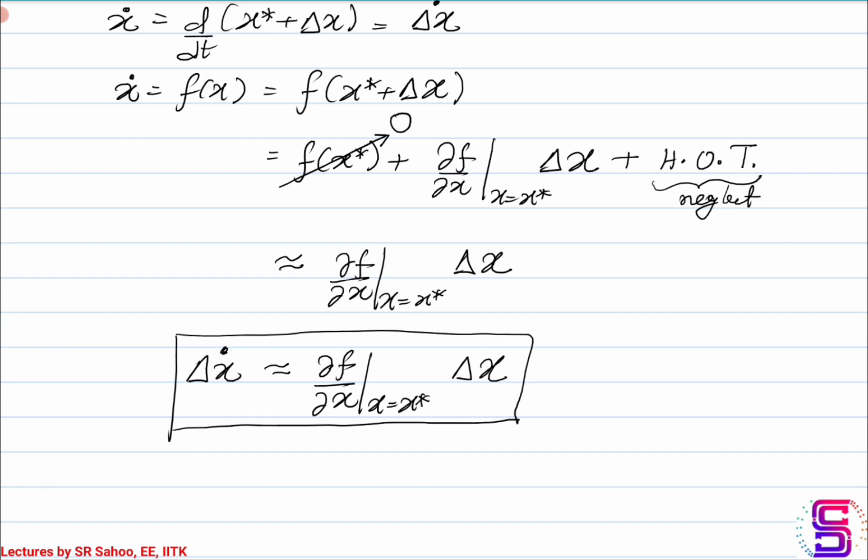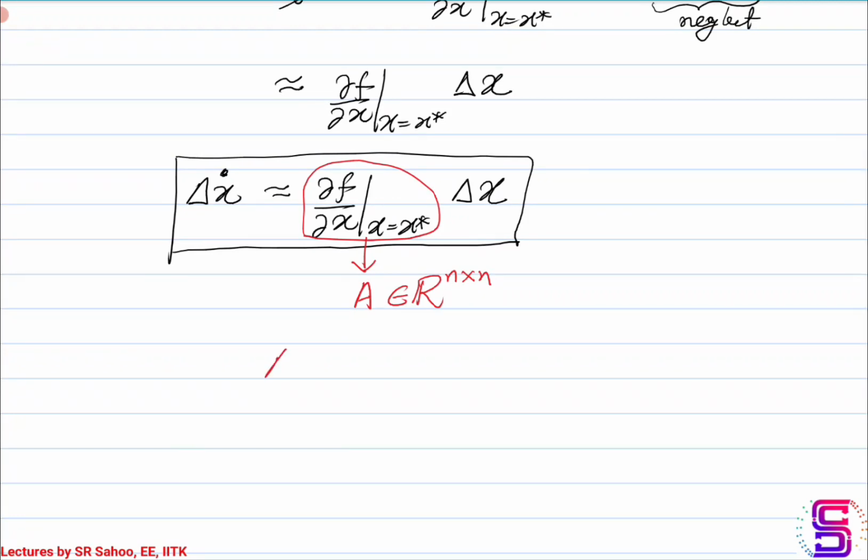Now if you notice, for an autonomous system, this matrix A here is a constant real matrix of size n cross n. Now for stability, what do you need? The perturbations should die out, which means if delta x eventually goes to 0, then x goes to x star.